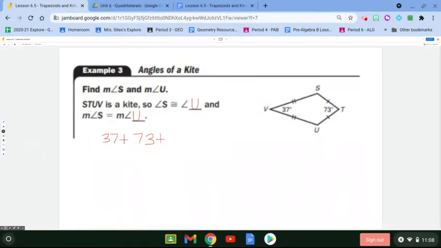So let's call the unknown x, the measurement of angle S, because we know the measurement of angle S equals the measurement of angle U. So we're going to say we have two of those. And we know that the total has to add up to 360 degrees because we have a quadrilateral.